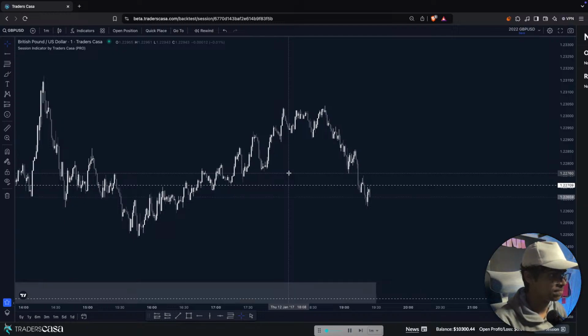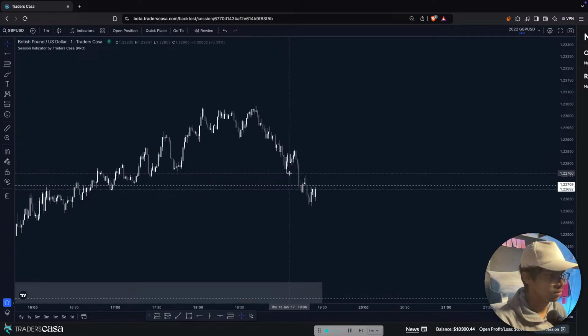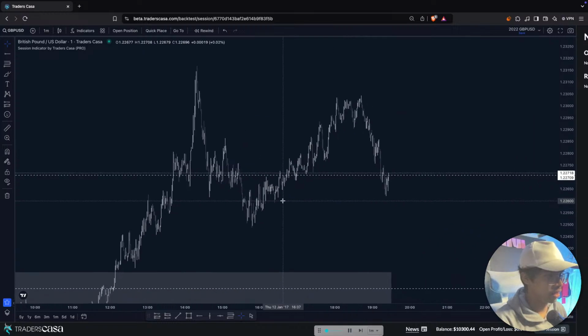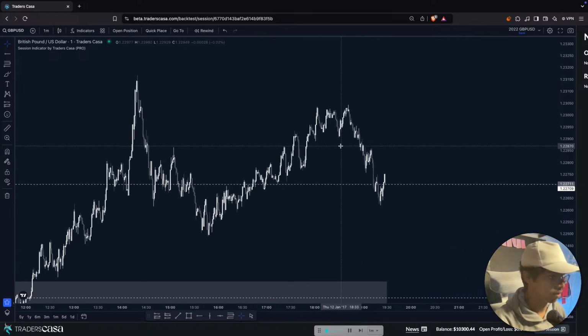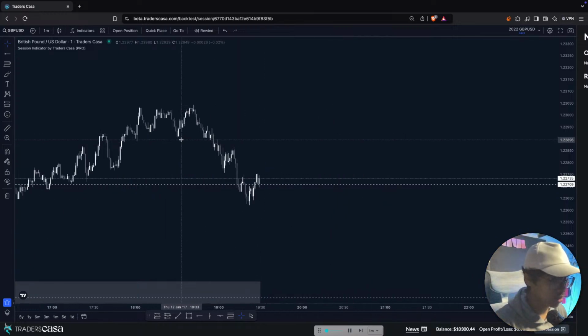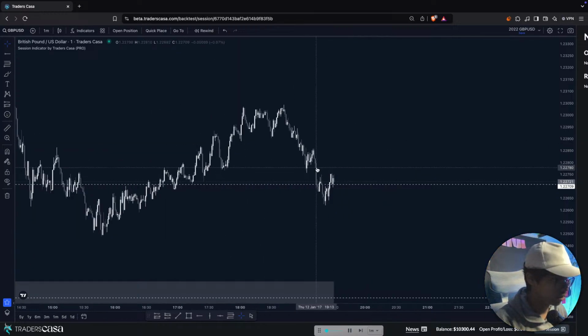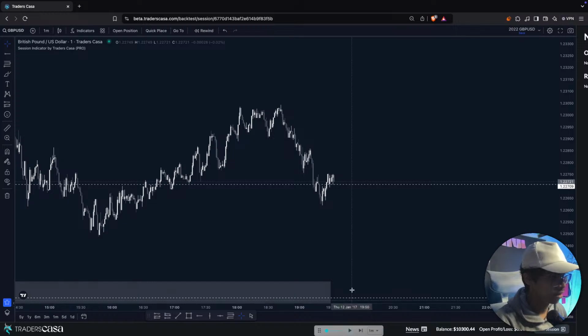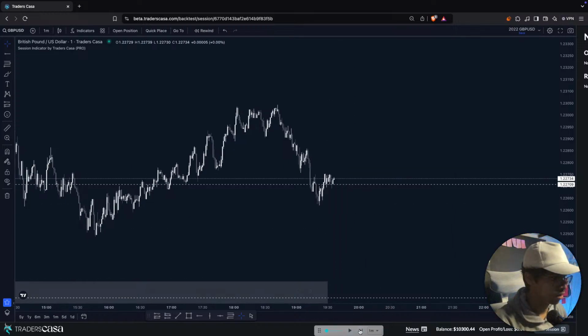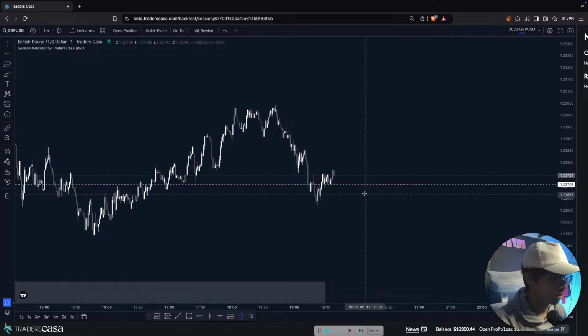Can I anticipate these lows to be broken at this point? This is a displacement. I will consider this as a displacement. Now at this point I can take a trade.